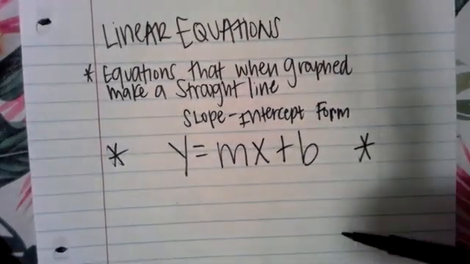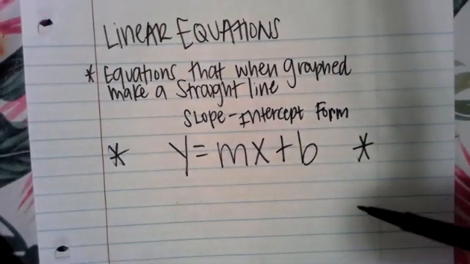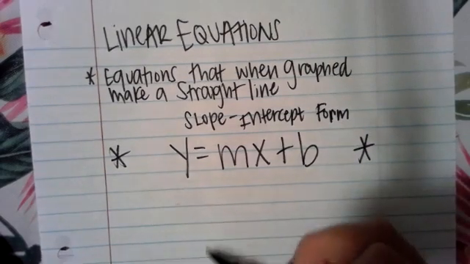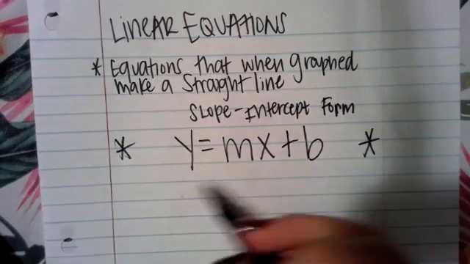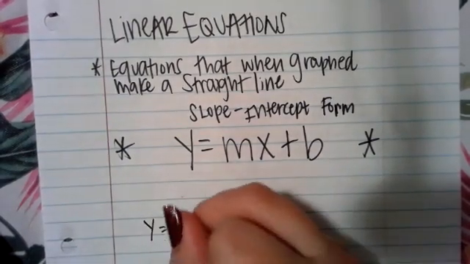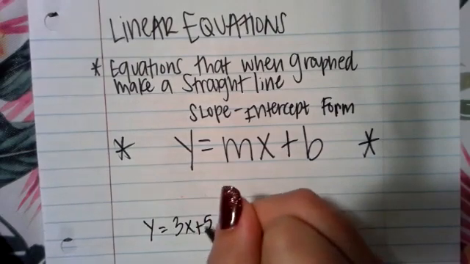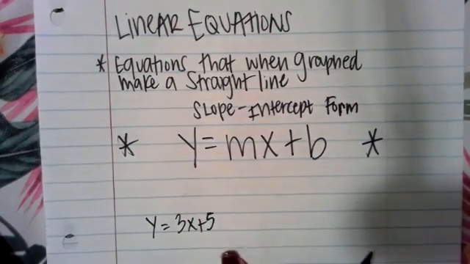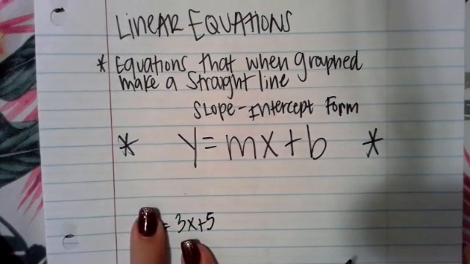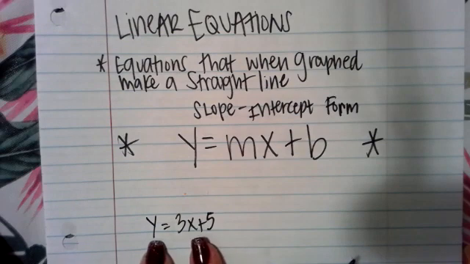So this may look a little weird right now, but if I put in some numbers into this equation, I'm going to give myself a little space because I am going to go up here and label something. Let's say I have y equals 3x plus 5. This looks very similar to equations that we've worked to solve, but instead of having 3x plus 5 equals some sort of number, I'm throwing in this y here.